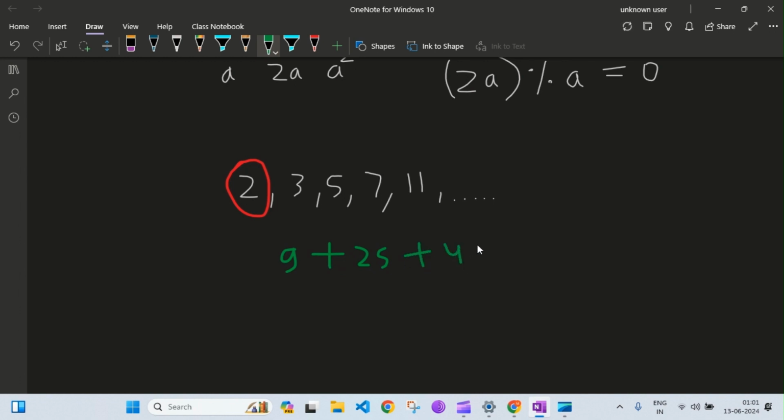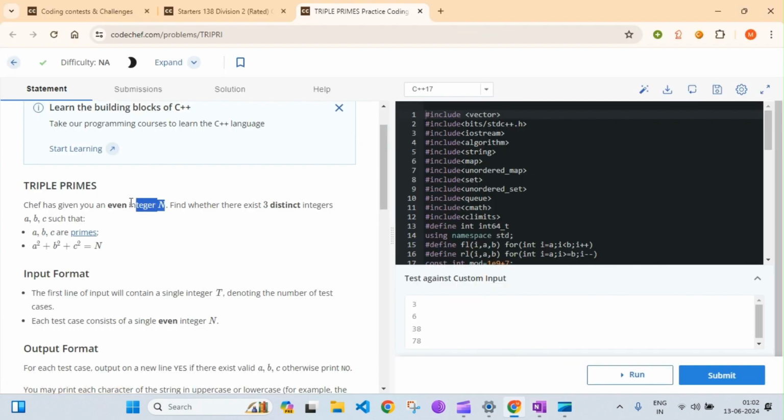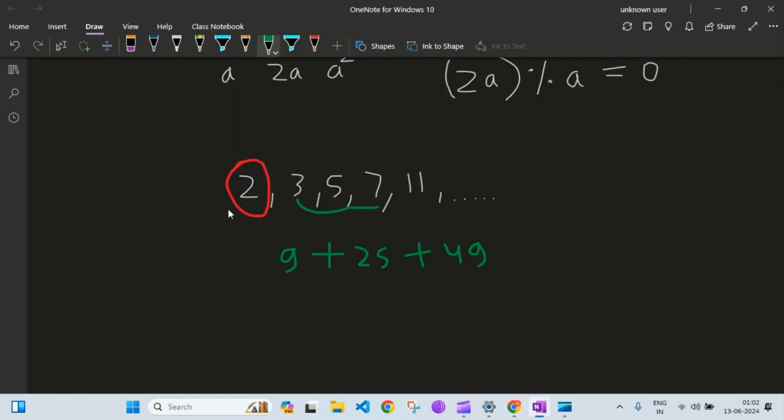So we all know that the sum of an odd number of odd integers will never be an even integer. So picking up three different odd primes can never give an even sum, right? But we have n as even, right? So what does this indicate? That this 2 must be picked, right?